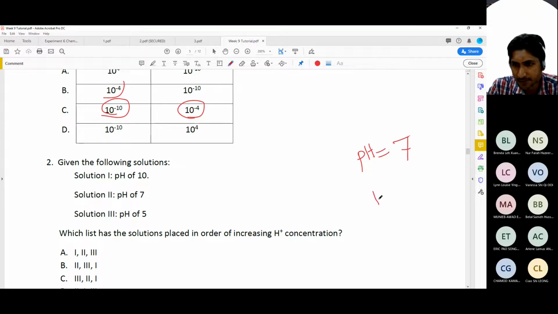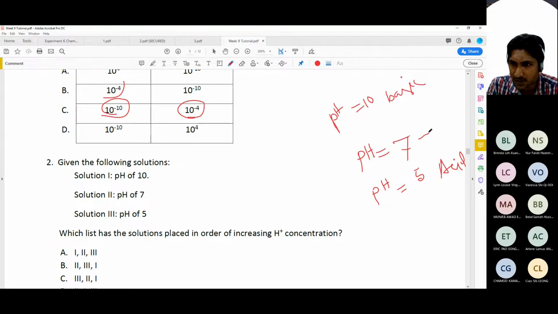If pH is 5, it is not neutral anymore, it is an acidic solution. And if it is pH 9 or 10, let's say, it is a basic or alkaline solution.